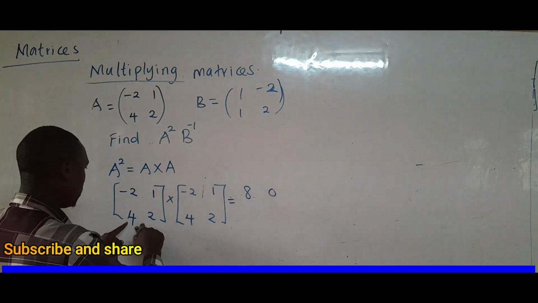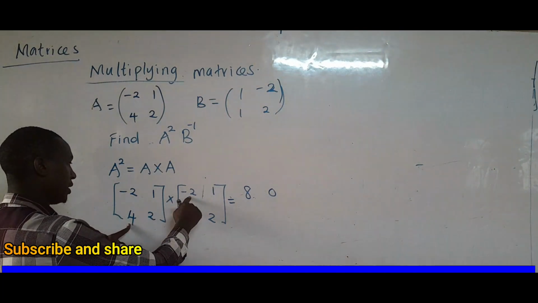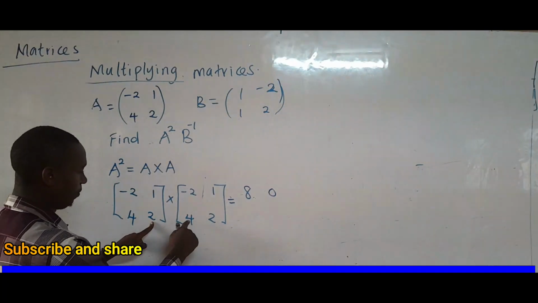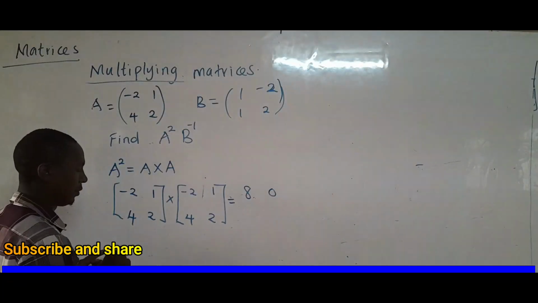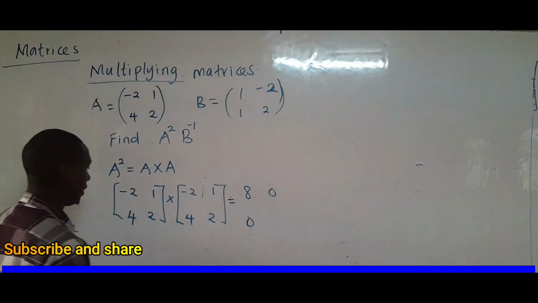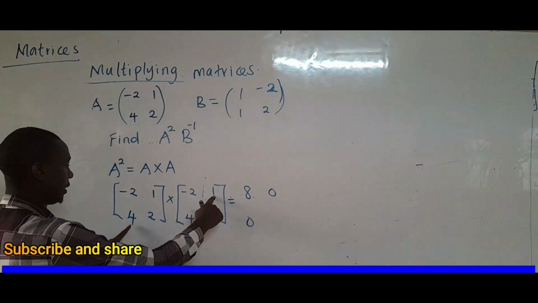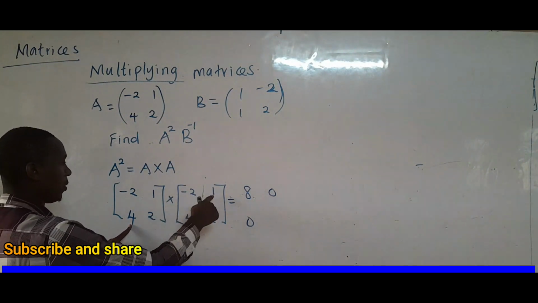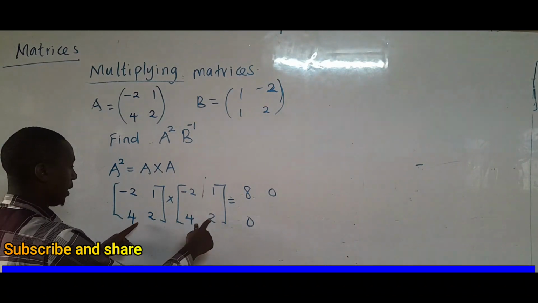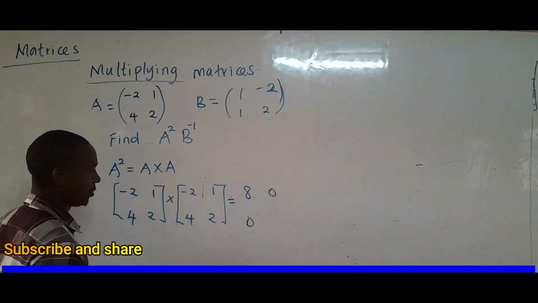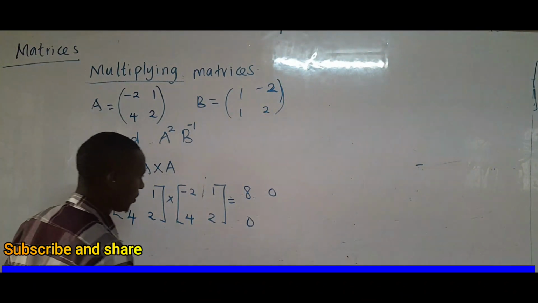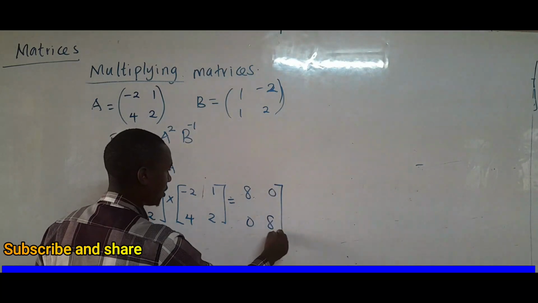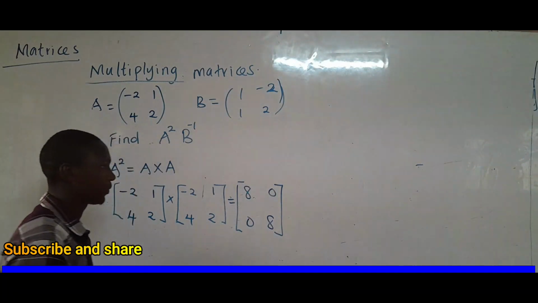Then you have 4 multiplied by -2 is -8, 4 multiplied by 2 is 8, and if we add that we get 0. And finally we have 4 multiplied by 1 is 4, and 2 multiplied by 2 is 4, 4 plus 4 is 8, and that becomes the solution of A squared.